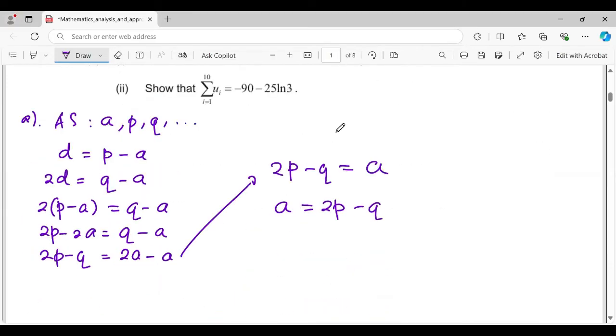And this is the first equation: A equals 2P minus Q.